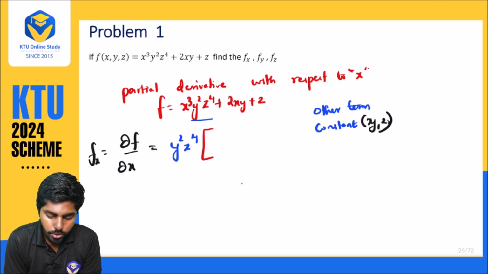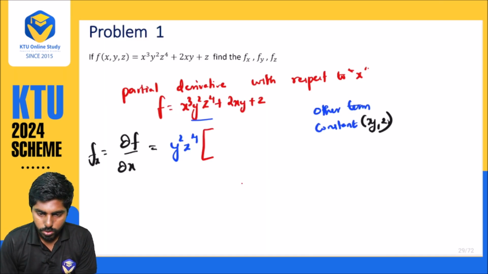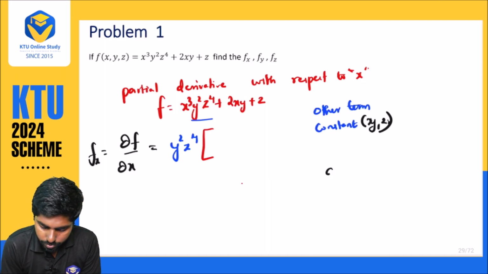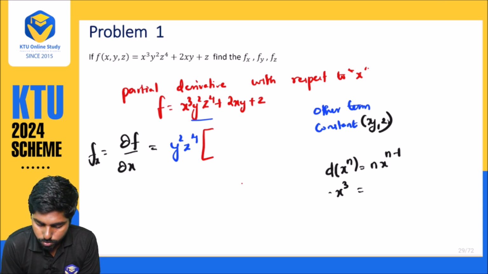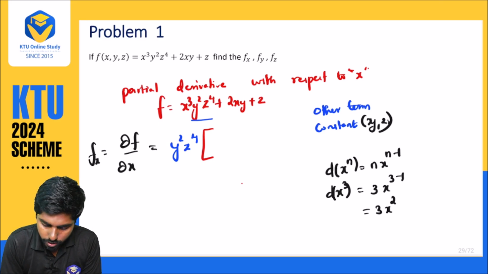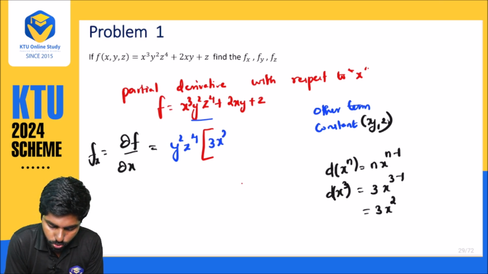Now, what is the derivative of x cube? Differentiation of x power n is n into x power n minus 1. So differentiation of x cube is 3 into x to the power 3 minus 1, that is 3 into x square.